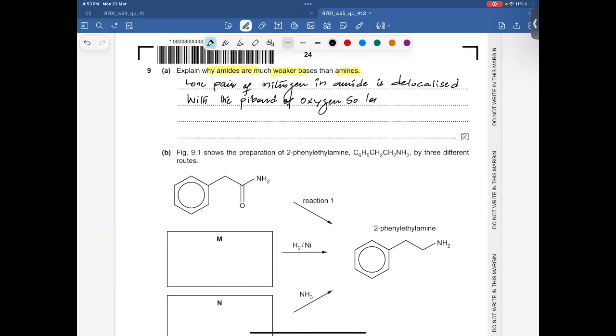So the lone pair of nitrogen is not easily available for protonation, which means it is a weaker base. Okay.